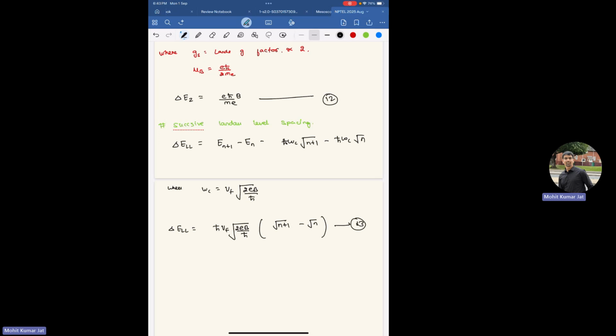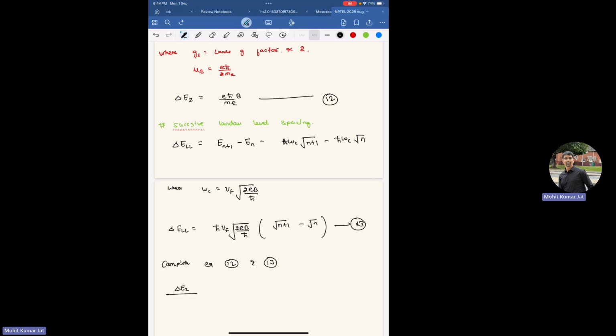If I ask you to compare, what will you do? You will take the ratio, comparing equation number 12 and 13.